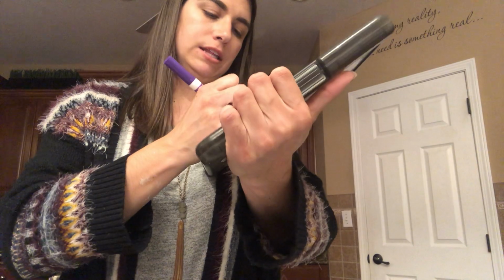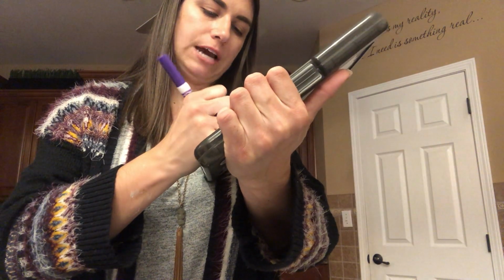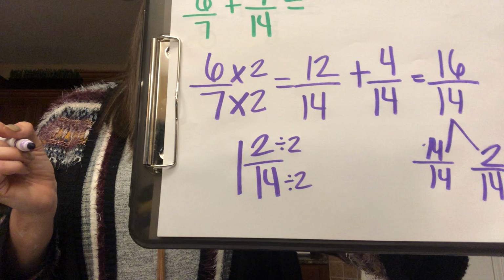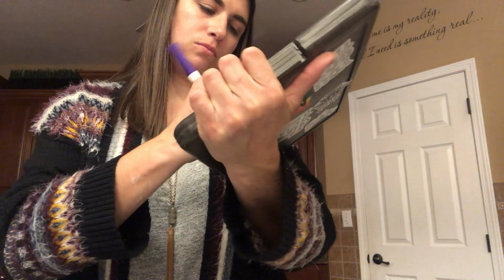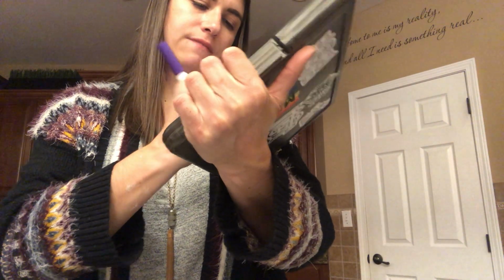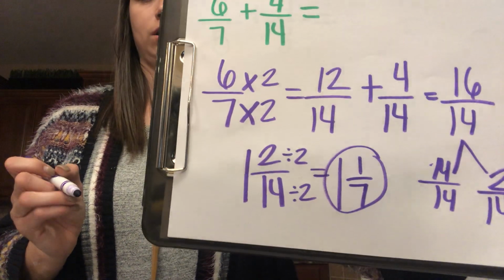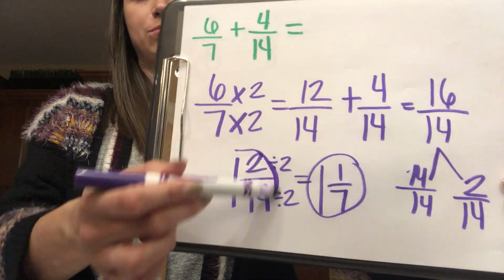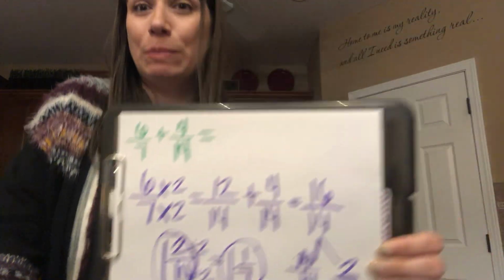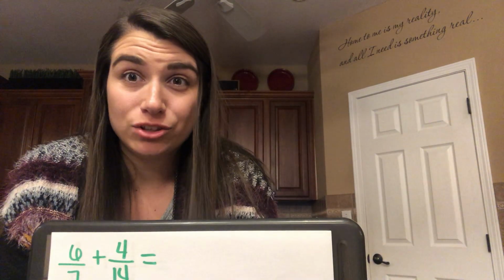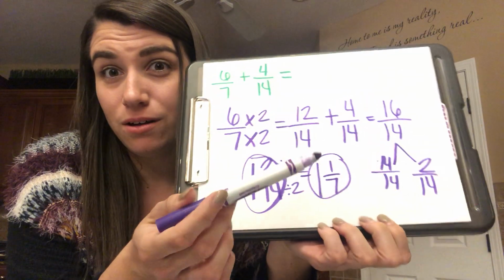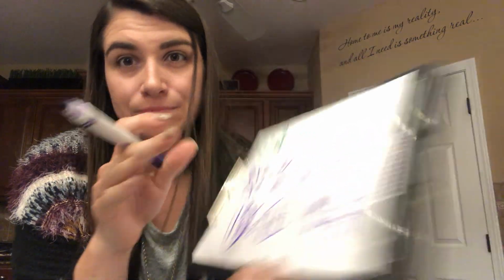I noticed that you can divide the top and the bottom by 2. So I'm going to get 1 and 1/7 as my final answer. For right now, I would accept 1 and 2/14 as your final answer, but next year, in 5th grade, they're going to want you to simplify all the way to 1 and 1/7.